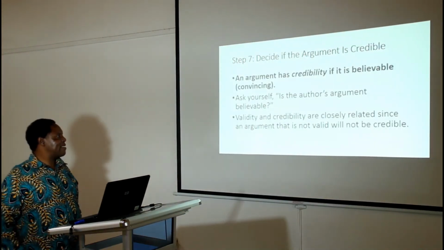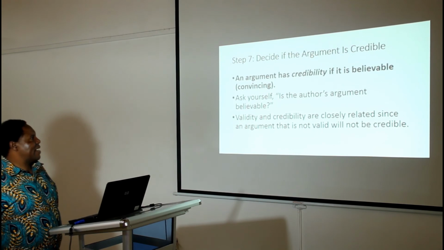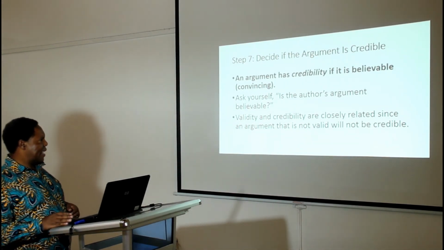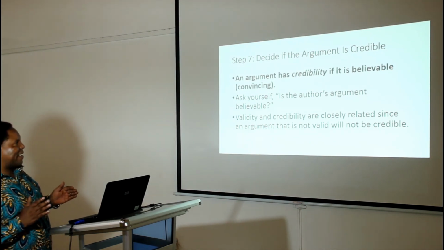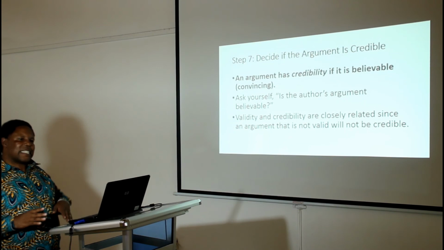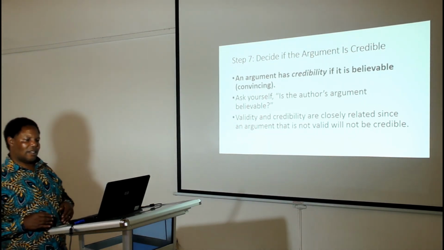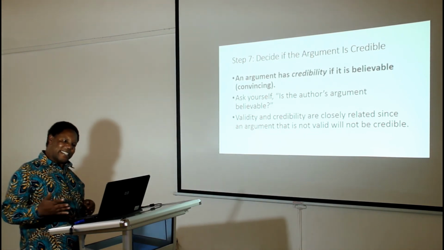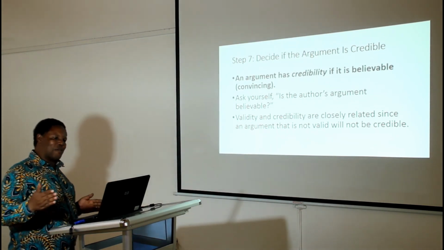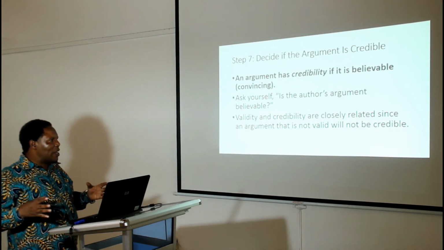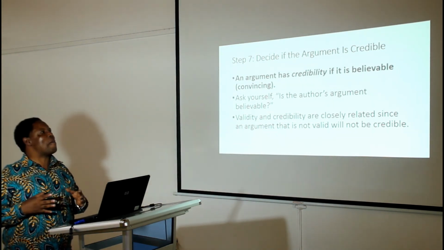Step number 7, decide if the argument is credible. An argument has credibility if it is believable or convincing. That's credible. For example, those who are dealing with journalism, those who are dealing with mass communication, provide arguments sometimes which are not believable.